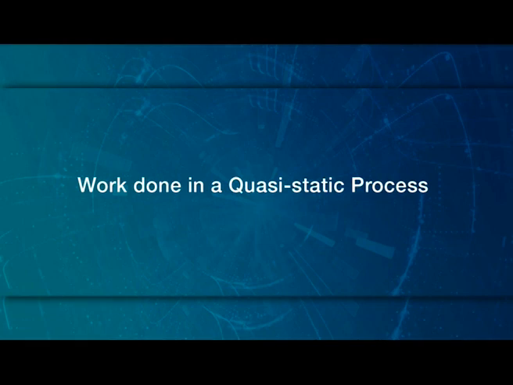Then we can show what is the work done in a quasi-static process. In different processes, what will be the work done? Here, first the non-cyclic process. Consider a gaseous system. The gas in the cylinder undergoes a change in pressure and volume at constant temperature.